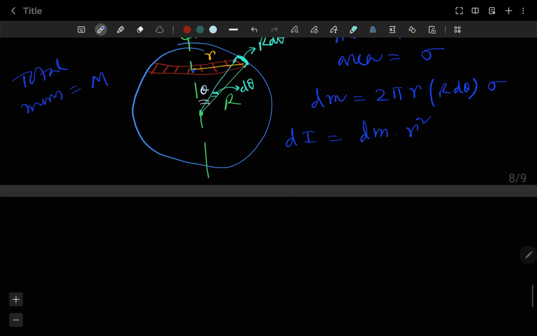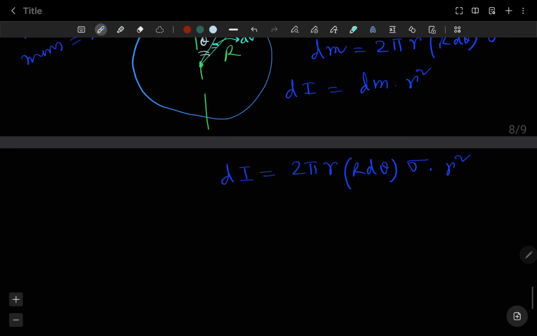So dI is 2 pi r d theta into sigma into r square. So it is dI equals 2 pi sigma r into r cube d theta.